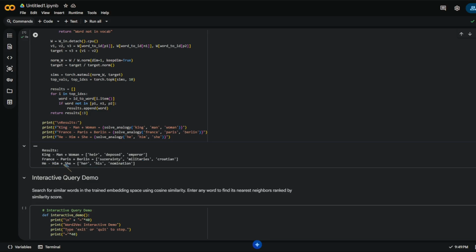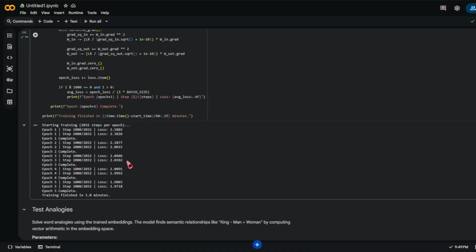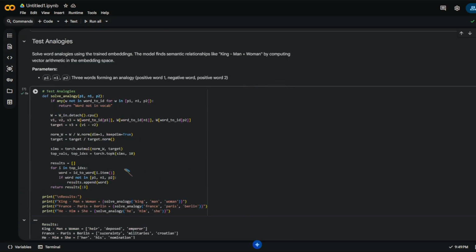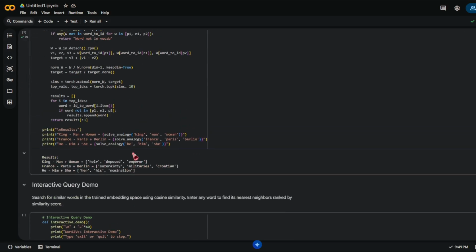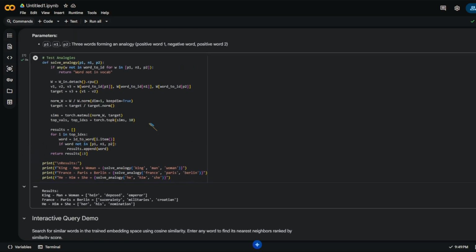Here we can see this is proof that our model at least learned the minimum from the data. Like he minus him plus she, it's her. Again, this is also close, his. And I don't know about this nomination. Again, we've used only 1 minute of training, so the result is pretty good.